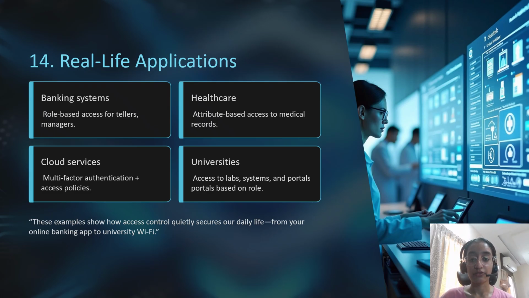Cloud services use access control combined with multi-factor authentication to secure data, and even universities implement it. For example, students, staff, and administrators have different levels of system access. We interact with access control daily, often without realizing it.